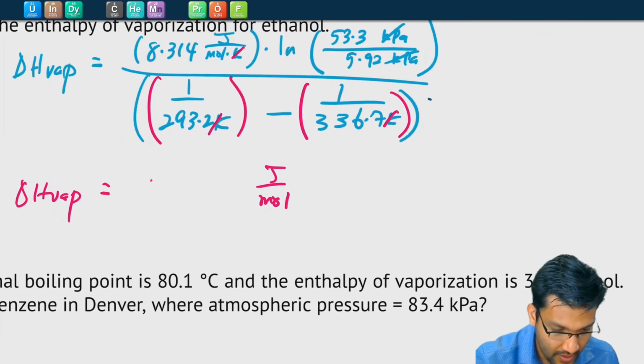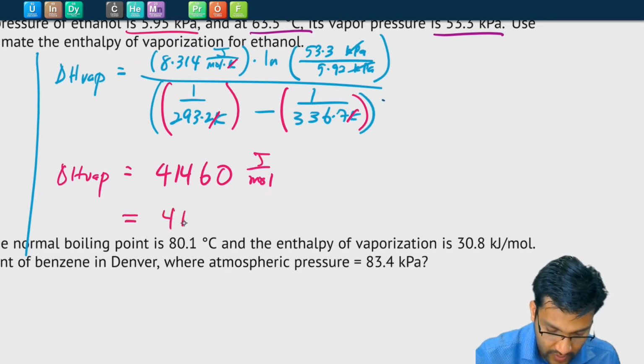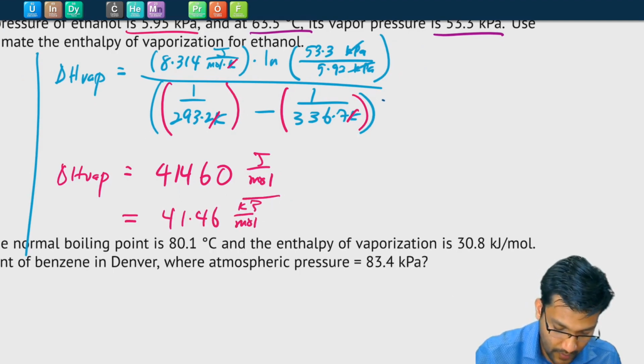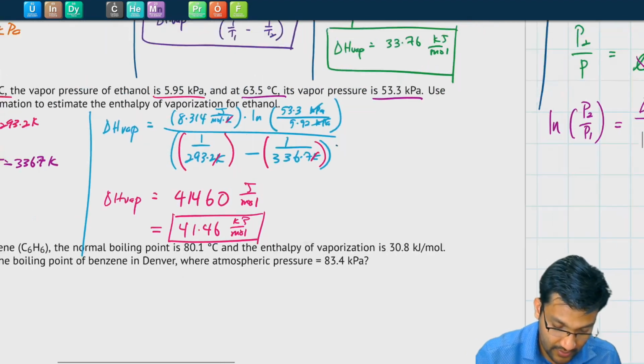This comes out to be 41460 joules per mole, or 41.46 kilojoules per mole. 3 sig figs up here becomes 4 sig figs in our answer, and then these are all 4 sig figs.